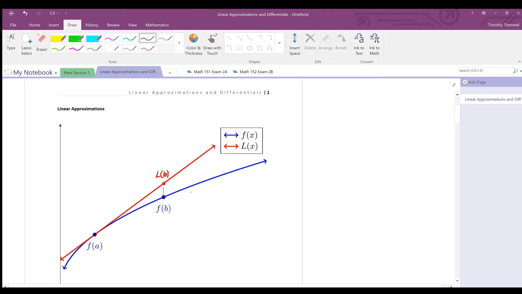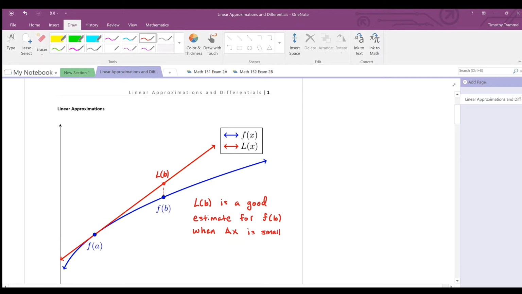Let's just write: L of b is a good estimate for f of b when delta x is small.